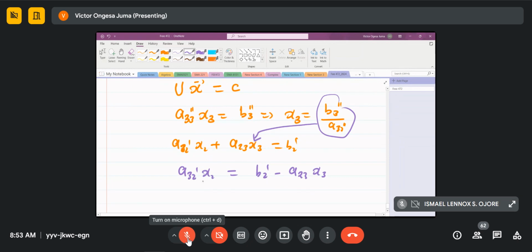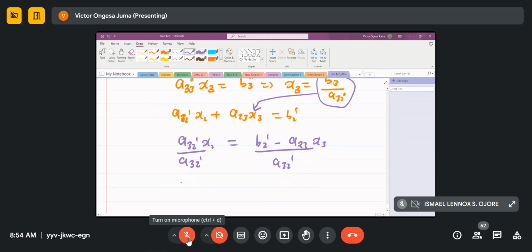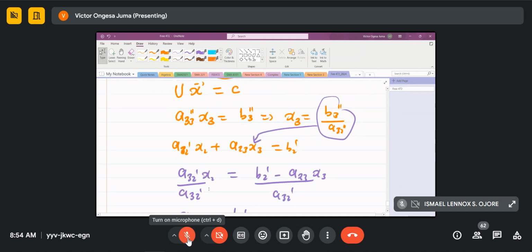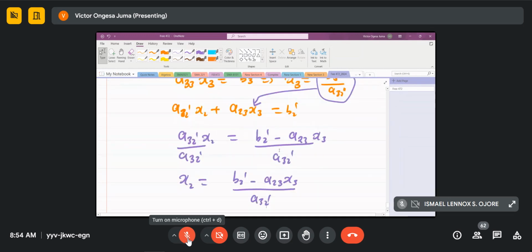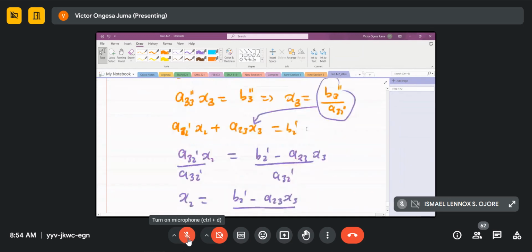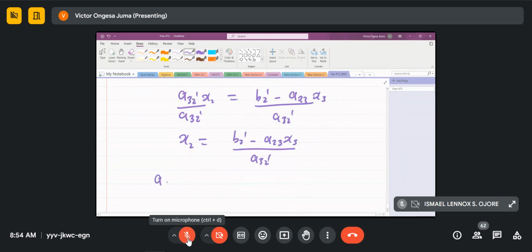And so the only unknown becomes X2. So at every point, you end up solving one unknown at a time. And then once you get it, you substitute and obtain another unknown. Having X2 and X3, you can go back to the first equation, where you have A11 X1 plus A12 X2 plus A13 X3 is the same as B1.